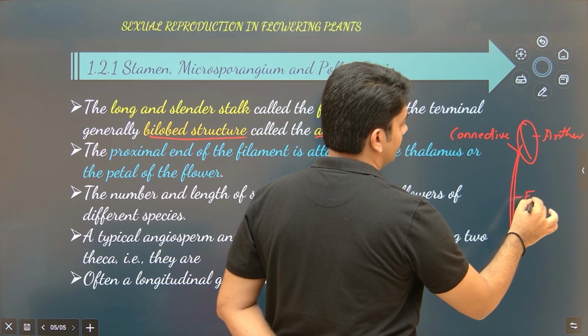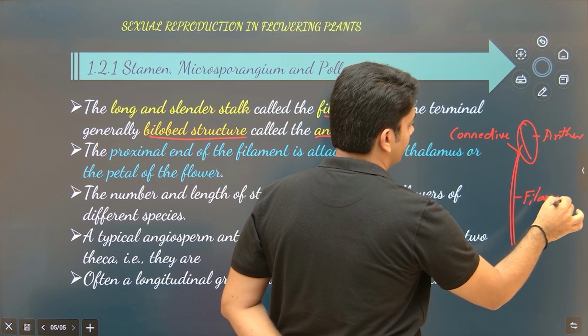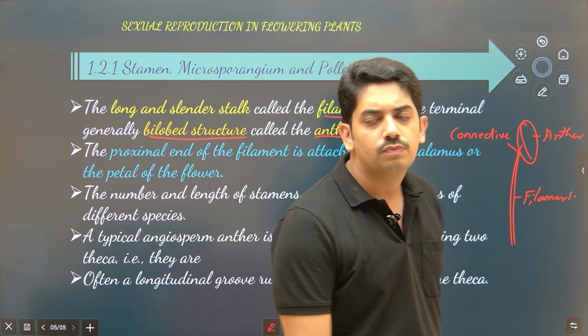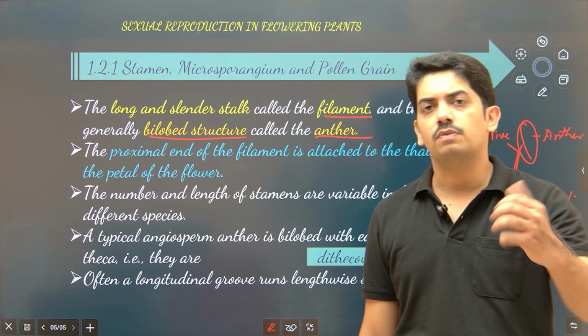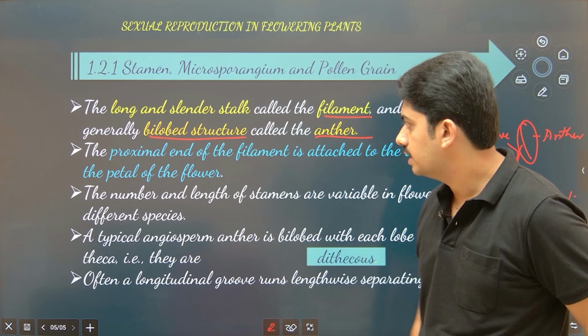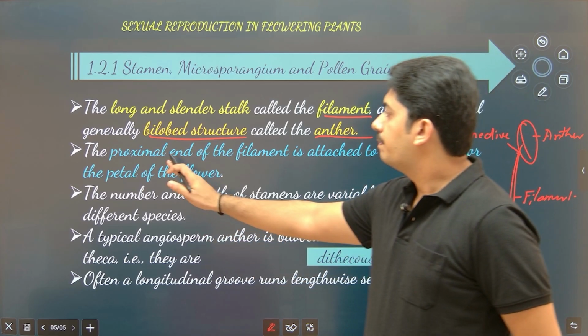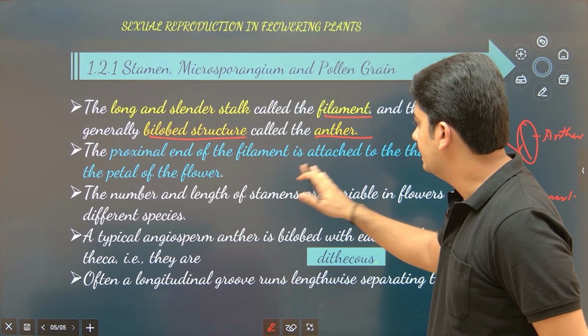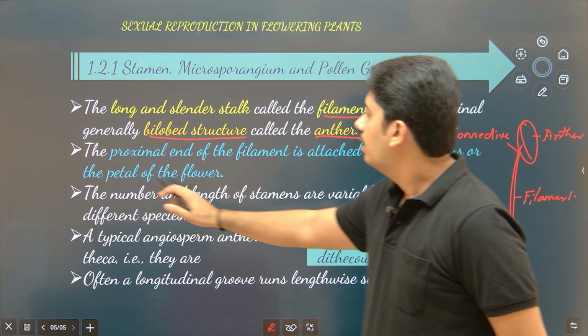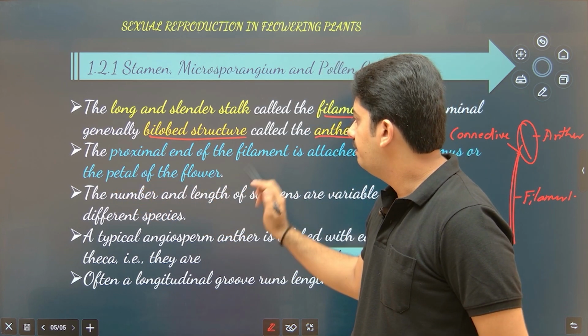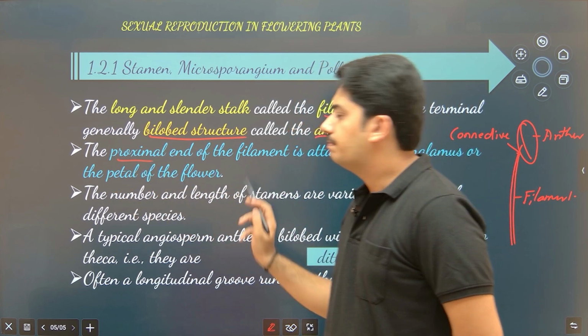This is the filament. Now, here there is one very important statement which is usually asked in competitive exams. What is that actually? The proximal end of the filament is attached to the thalamus or the petal of the flower. Why is it given as proximal?